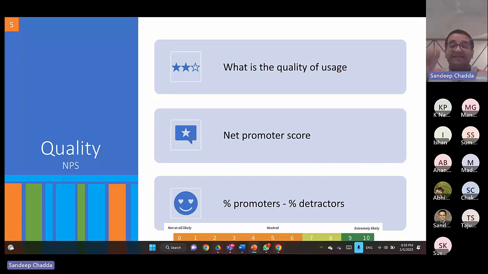There will be some sessions which have run for X amount of time, and I want to understand what was the quality of the time that you spent on my product. And when I say quality, now you are getting into quantitative or qualitative behavior. You are trying to understand, maza aaya ya nahi aaya?